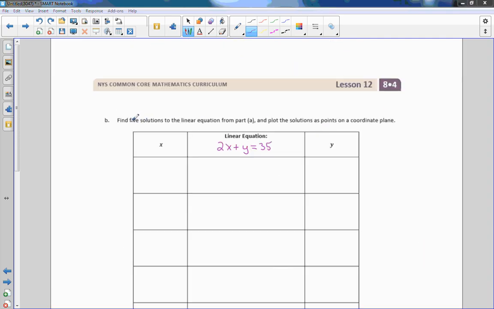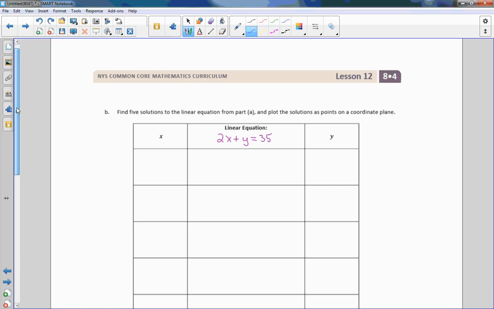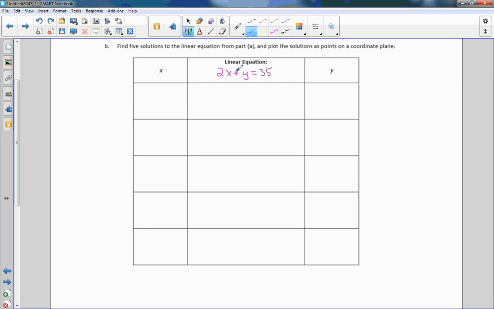So part B says to find 5 solutions to that linear equation from part A and plot the solutions as points on the coordinate plane. Okay, so again, my coefficient is 2 here, my coefficient is 1 here. We're going to pick values for the coefficient that is not 1. I always start with 0, so if I don't buy any X, which was candy, how many drinks can I buy?